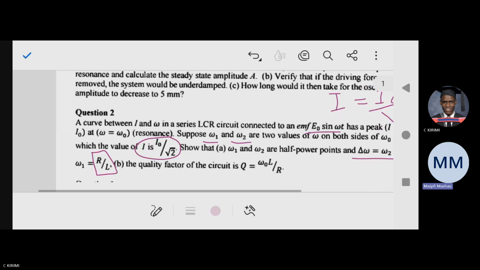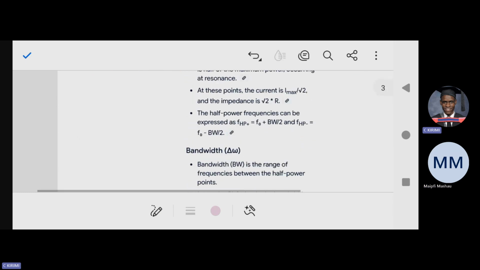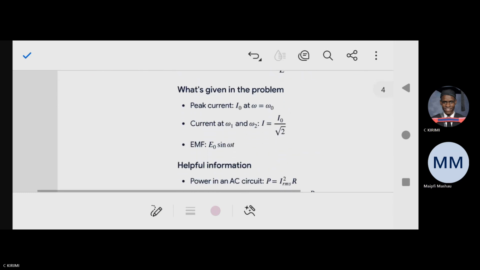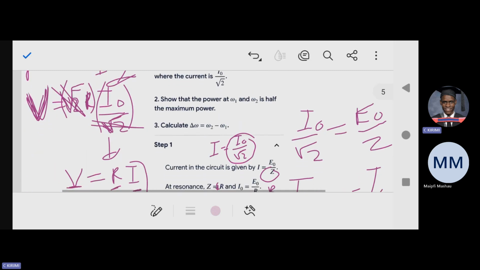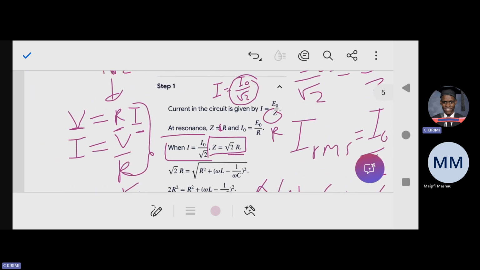Yes, I understand now after you have explained. It's a condition that I is I naught over root of 2. Then where we are talking about at resonance, as I was explaining yesterday, after you put your values, then you say at resonance.